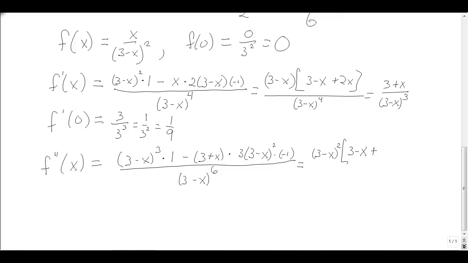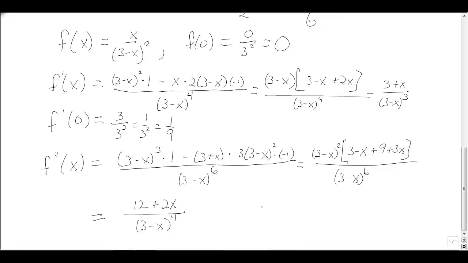And what that's going to be is 3 times 3 is 9, 3 times x is plus 3x. On the bottom, I have 3 minus x to the 6th. And so I can cancel some of these out, get a 3 minus x to the 4th. And 3 plus 9 is 12. 3x minus x is plus 2x. So that's my second derivative of f.